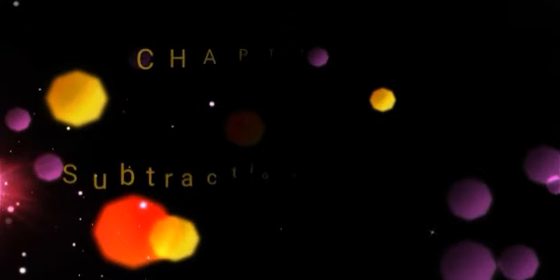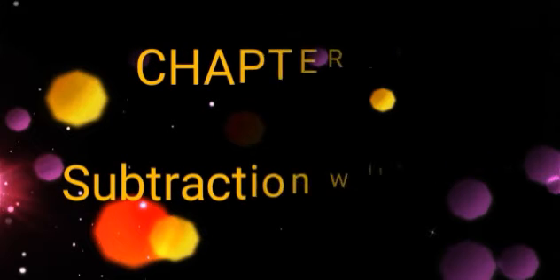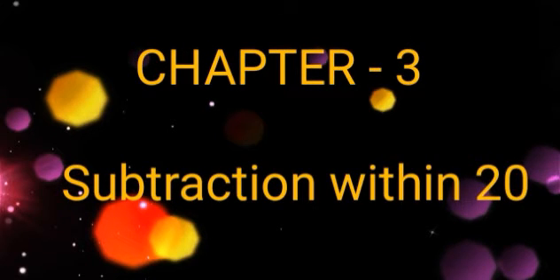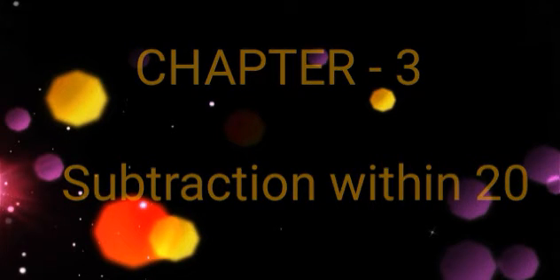So, scholars, today we will start with a new chapter. Chapter number 3. And the name of the chapter is Subtraction within 20. Scholars, this is part 1 of chapter number 3. In part 1, we will cover the following topics.